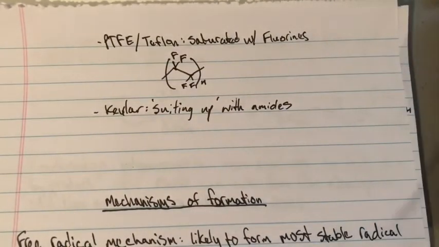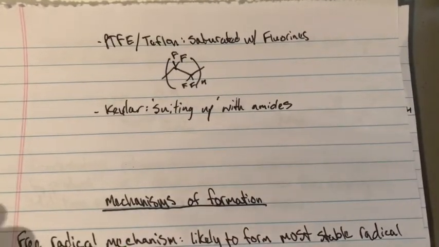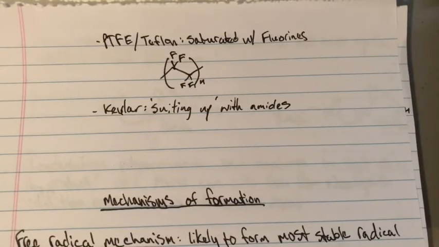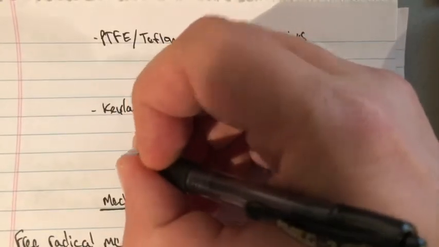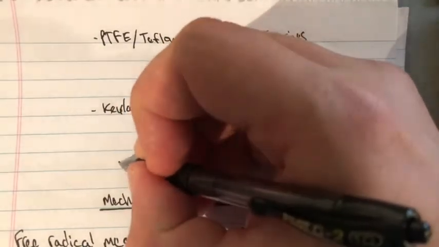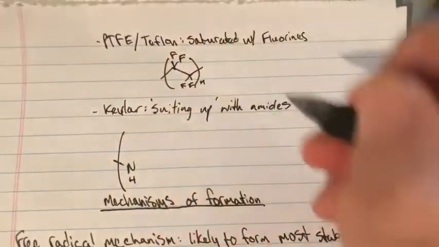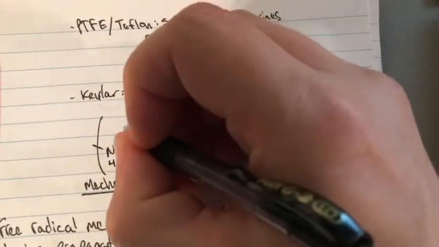Let me see if I can get a repeating unit here. Okay, so that repeating unit is going to be a little bit more elaborate. Sorry, I don't have that dedicated to memory. But, kind of fighting a fever or something here. It's not feeling too good.